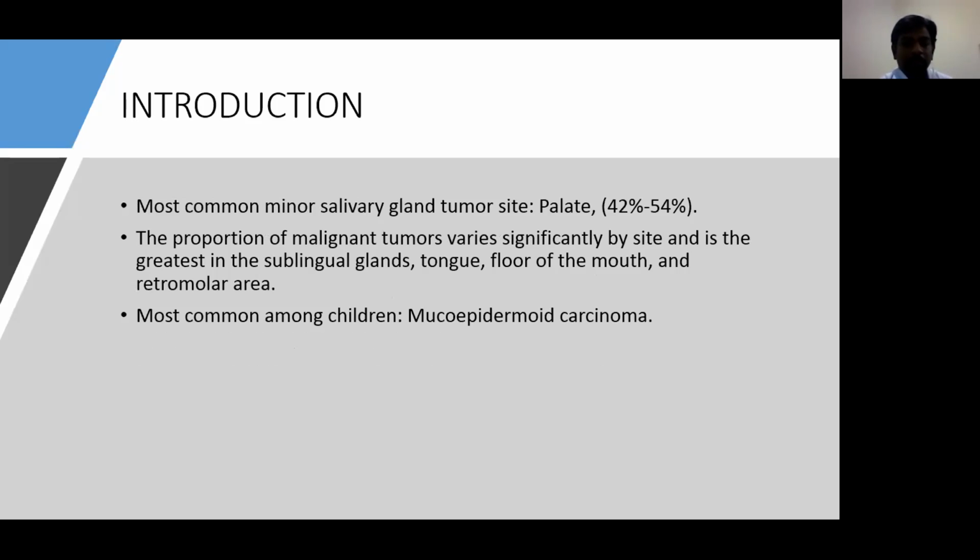That is the most common minor salivary gland tumor site, 42 to almost 54% are involved in the palate. The proportion of malignant tumors varies significantly by site and is greatest in the sublingual glands, tongue, floor of mouth, and retromolar areas. And the most common tumor among children is mucoepidermoid carcinoma.